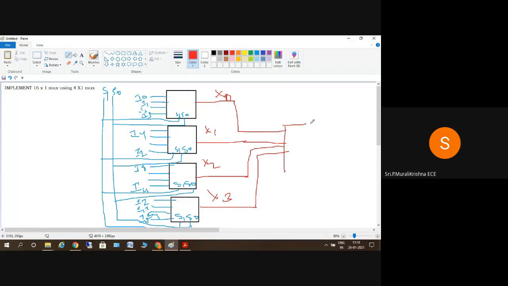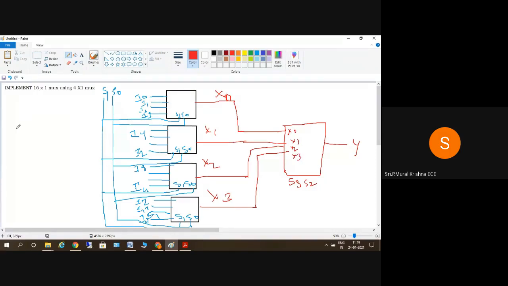I have to make this output a single one here, with S3, S2 as selection lines, and this will be the output Y. This will take X0, X1, X2, X3.